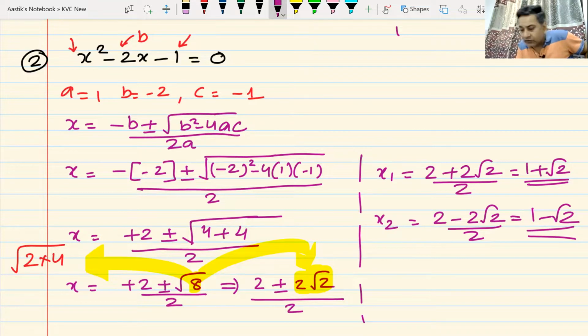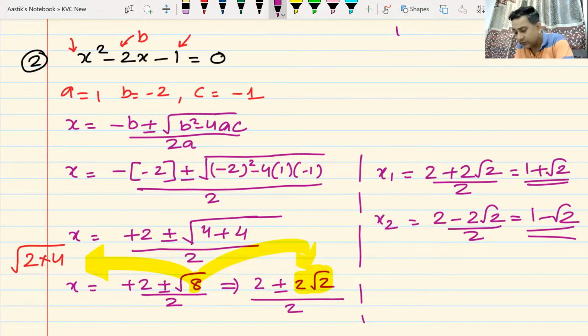Root over 8. I showed it to you. 8 can be written as 4 multiplied by 2. Yes or no? So it is under root of 4 multiplied by 2. I can take 4 common. Yes or no? And I take the root of 4 when I take it outside. So root of 4 becomes 2, and 2 remains inside the root.